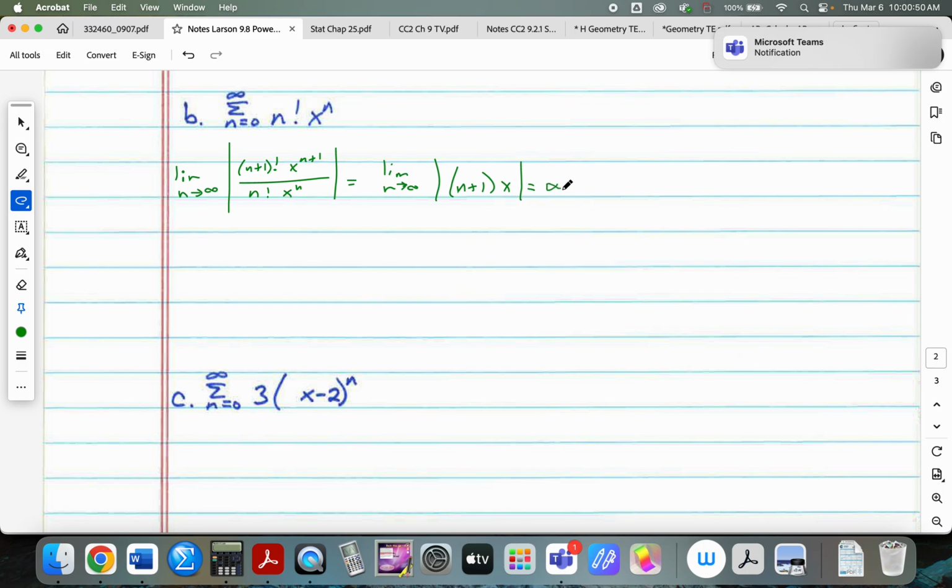Well, that's going to go to infinity no matter what x value we use, with the exception of x equal to 0, right? If x is equal to 0, every one of these terms is going to be 0. So here, that's greater than 1. So it's only going to converge at x is 0, so our radius of convergence is 0. It only converges at the center.